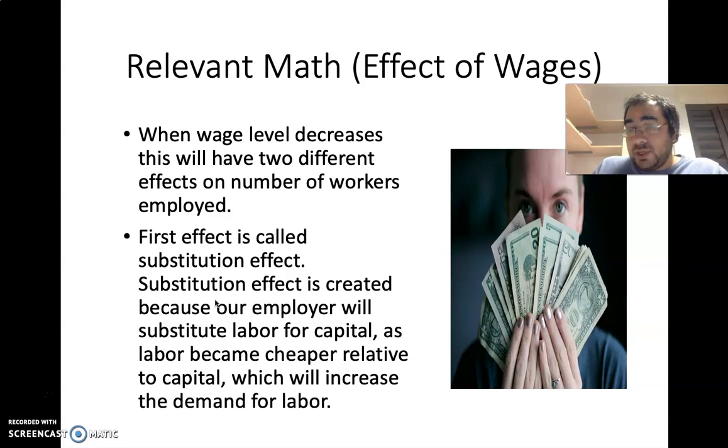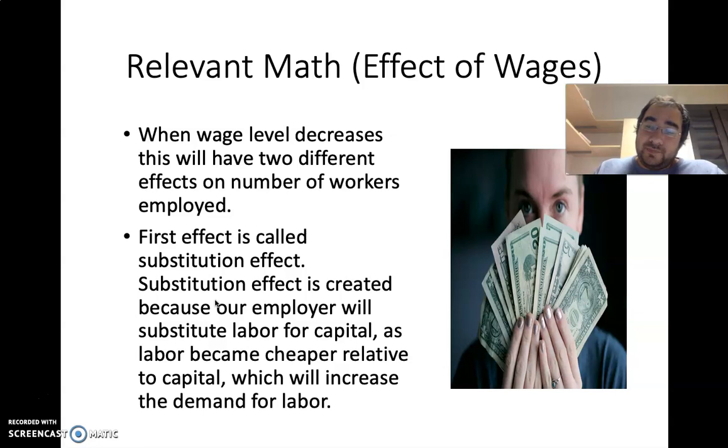At the same point, basically, our company is not affording to buy the amount of labor and capital it could buy before. So our company needs basically to decrease its scale because of the increase in wages, and its average buying power has decreased as if its budget is the same.